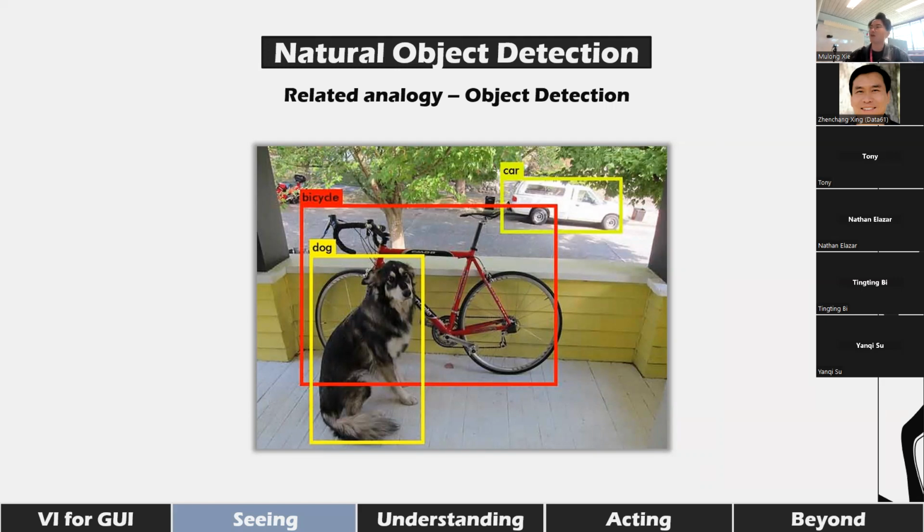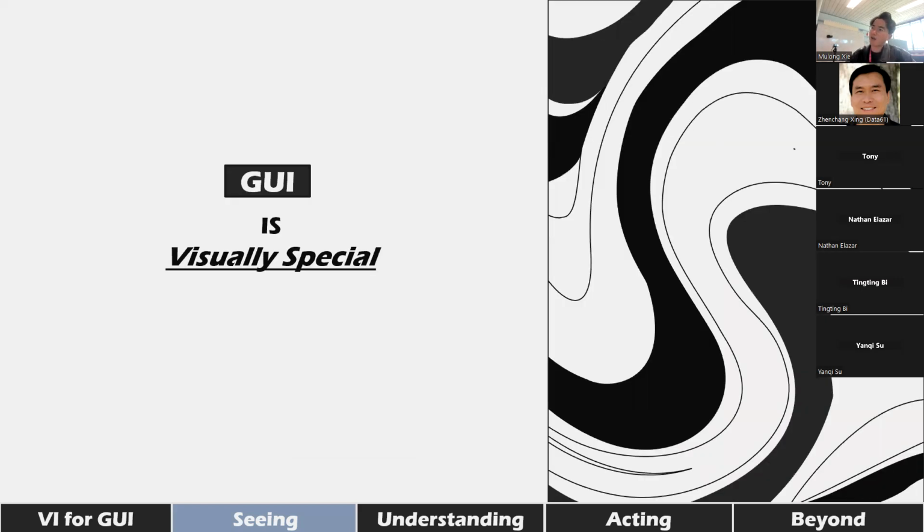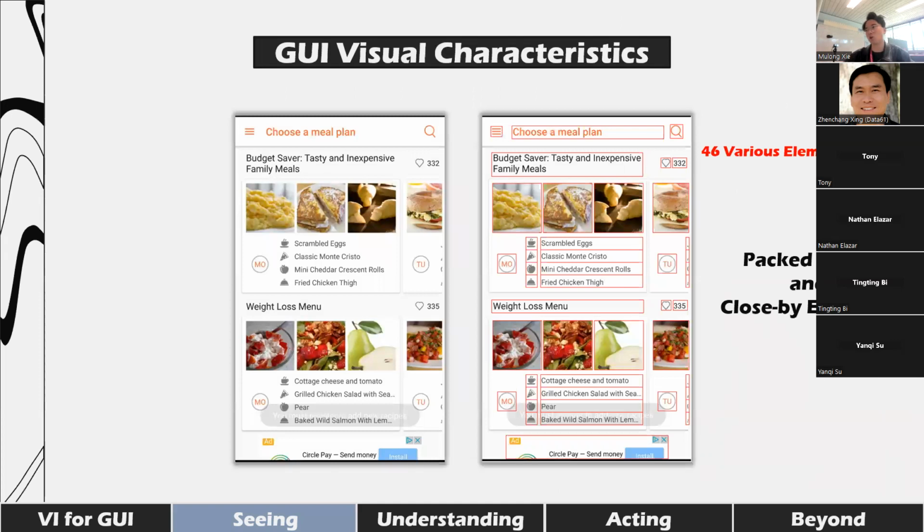However, the GUI is visually special compared to natural photos for many reasons. First of all, the GUI is a more packed thing, which means it has many more elements on it compared to a natural photo.